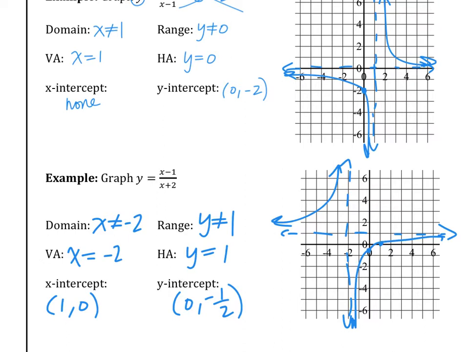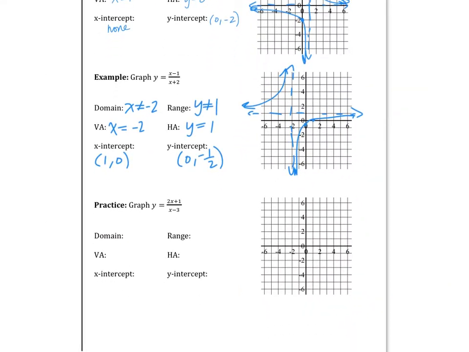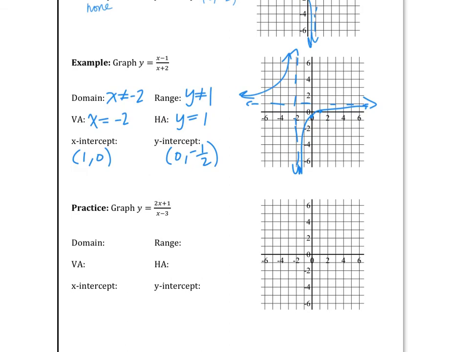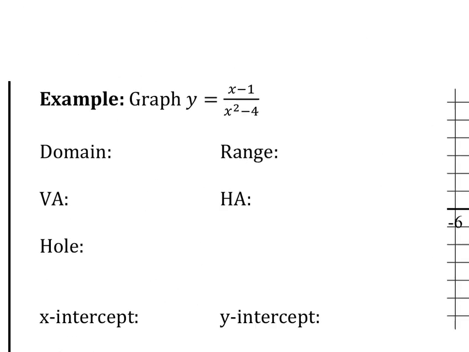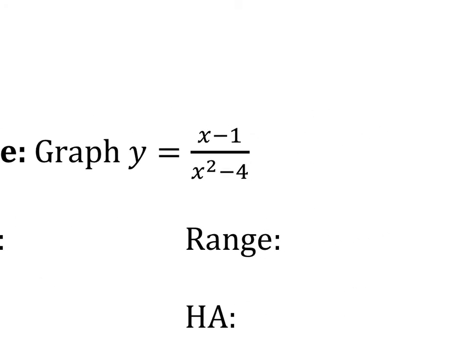Now we're gonna do harder ones. So this really requires that you kind of think about it a little bit. So we're gonna skip this next one because it's pretty much the same. We're gonna go to the next one. Okay, what should we do first? Yes, we always want to factor first.